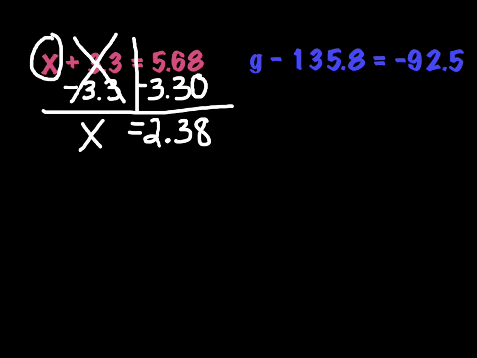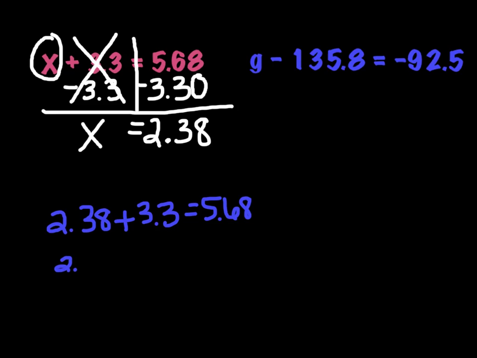Remember that you should never ever miss an equation because you can plug your answer back in and make sure that your answer is right. So that would mean that 2.38 plus 3.3 is equivalent to 5.68. Don't take for granted that this is right. Do the actual math and check it.